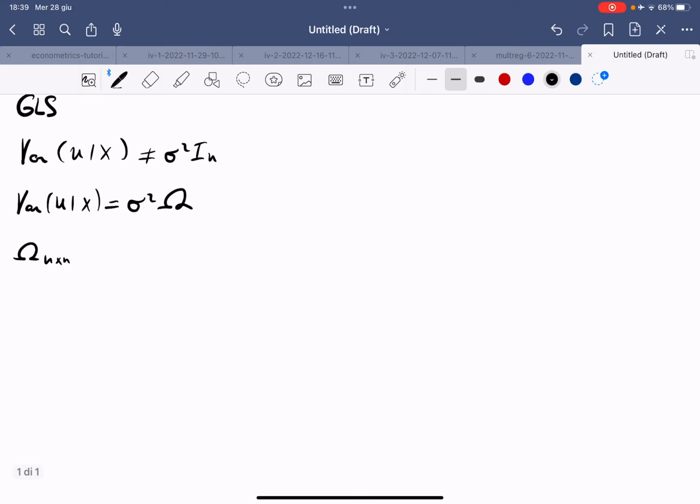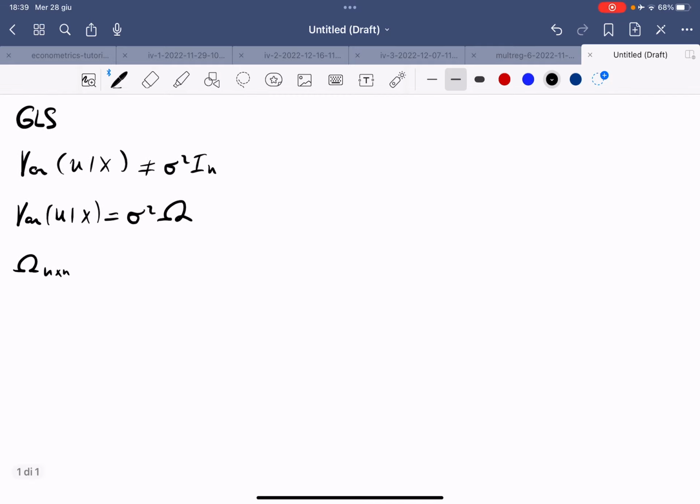So to develop our estimation, we use one property that we essentially find. We know that this symmetric and positive definite matrix can be rewritten as the product of two matrices, that we call gamma.